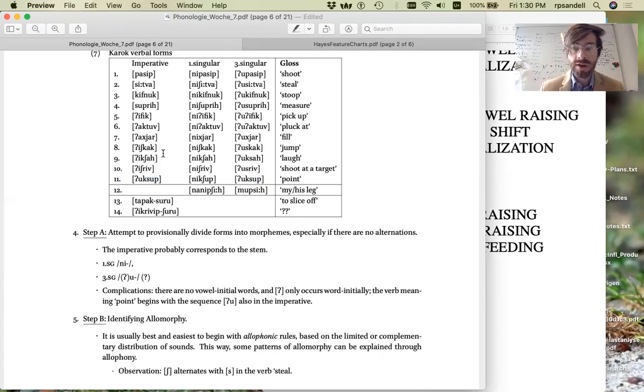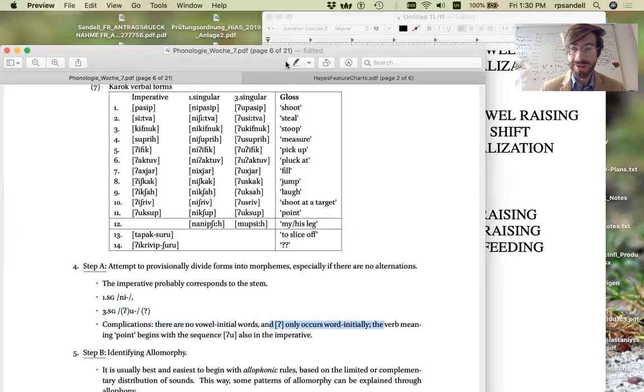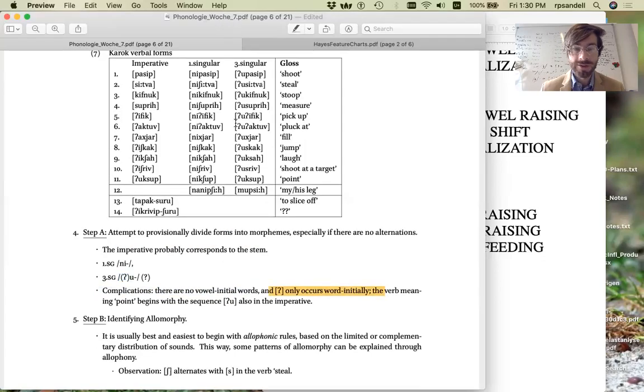And one reason why I have put this glottal stop in parentheses here is that if you look through the data in general, you'll notice that there are no vowel initial words. And actually, this isn't true. Glottal stop occurs mostly word initially, but not exclusively word initially. We actually have word internal glottal stops in a couple of forms here in the verbs meaning pick up and pluck at.